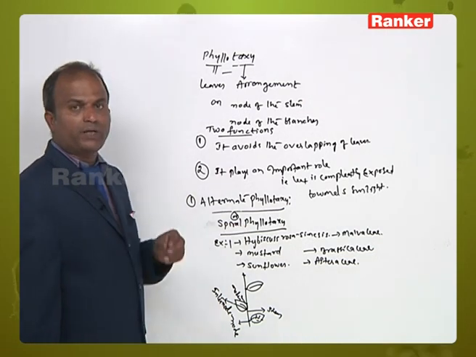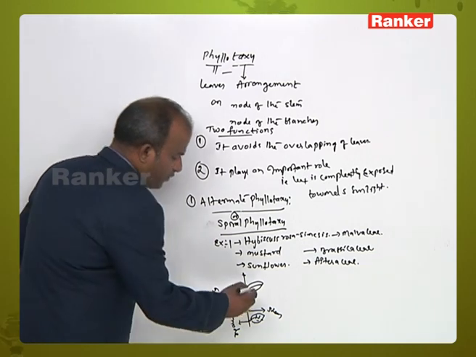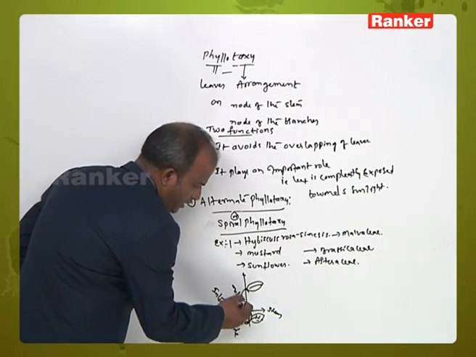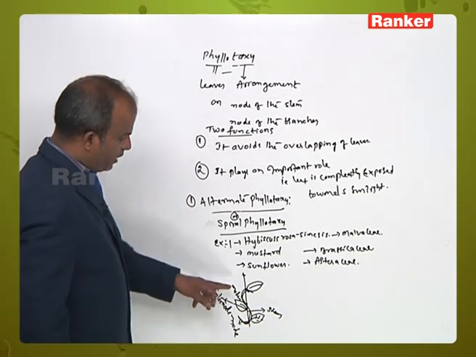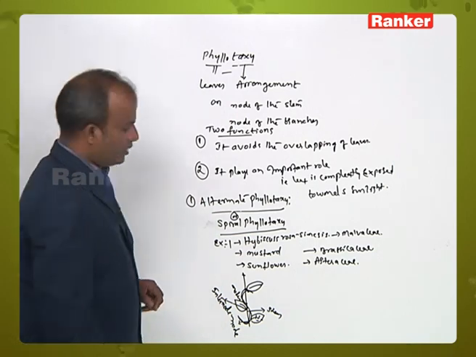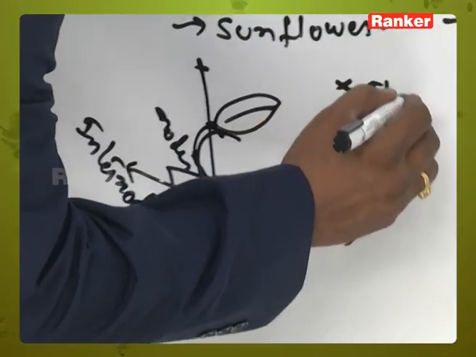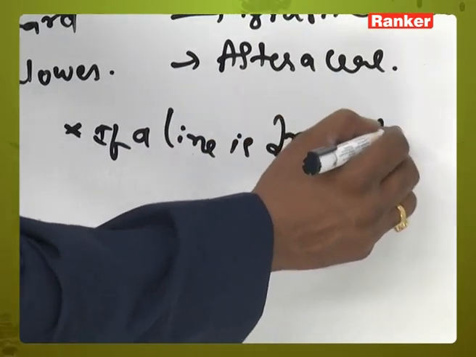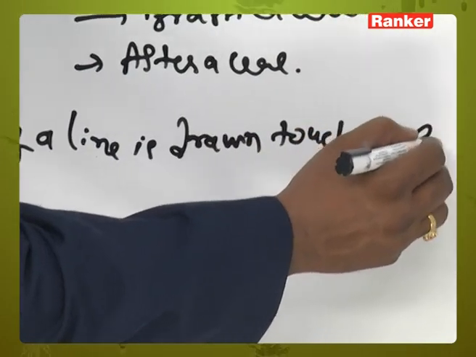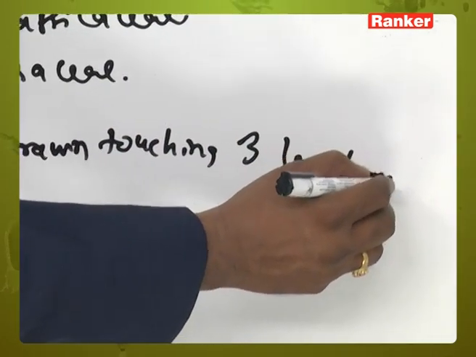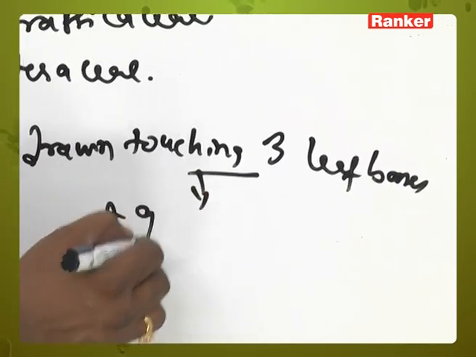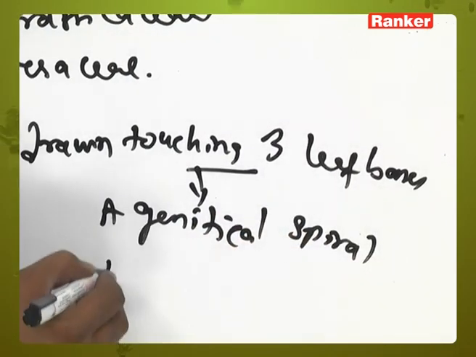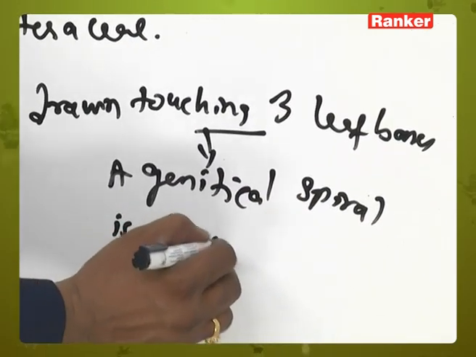Why is it called spiral phyllotaxy? If a line is drawn touching the three leaf bases, a genetic spiral is obtained.